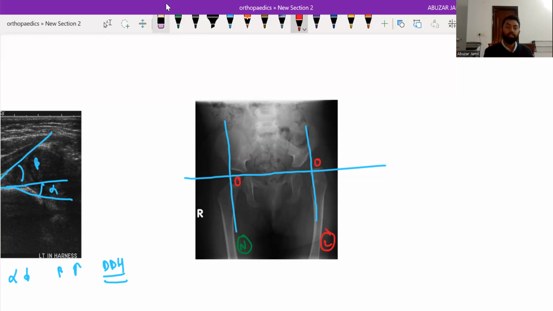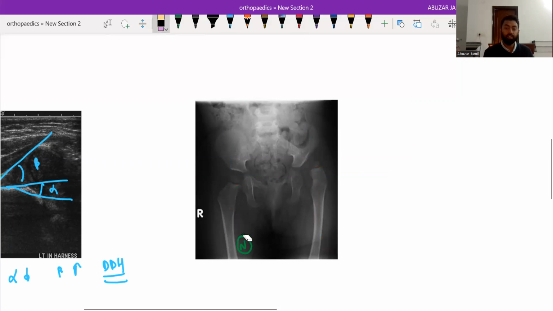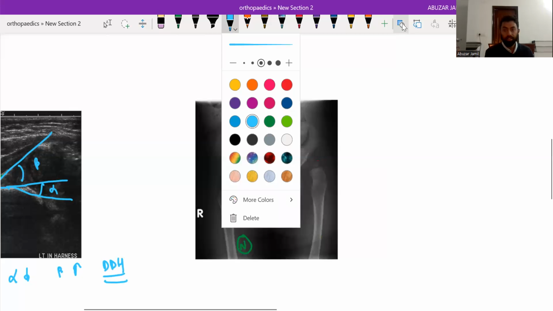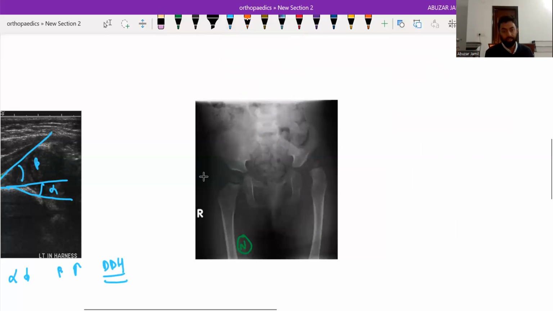And the second thing that we can see is the acetabular index. So this is the Hilgenreiner line.